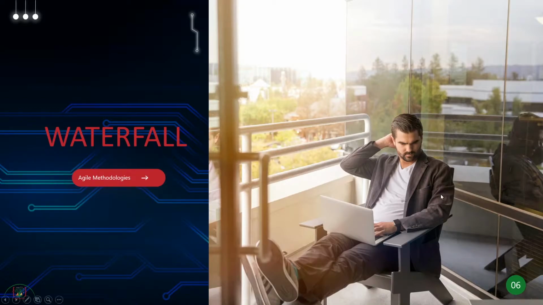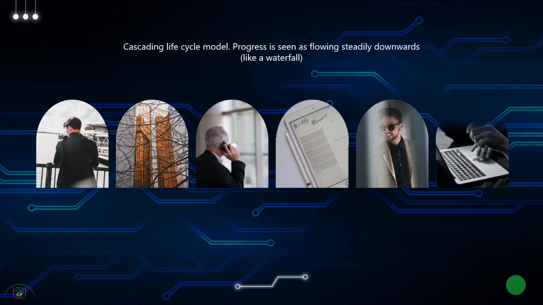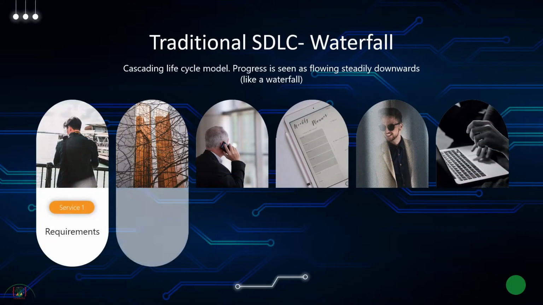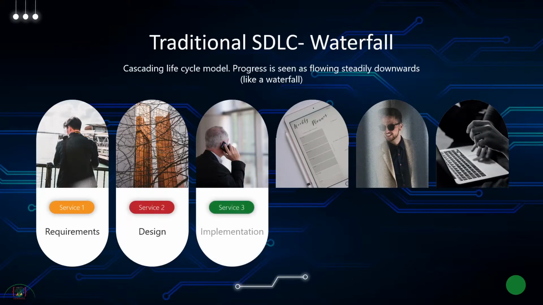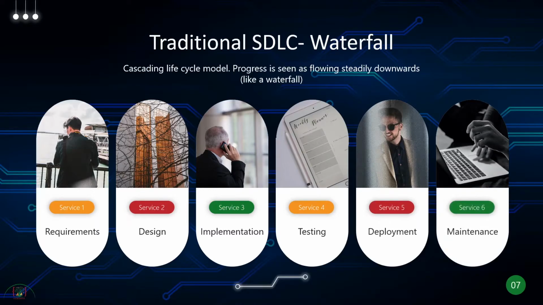So what is Waterfall? Now, Waterfall is a widely accepted software development lifecycle, right? What you do is, here the SDLC model is divided into different phases such that the output of one phase becomes the input of the other phase. So the first phase could be requirement gathering, then second phase is design, third phase is implementation, fourth is testing, and then deployment, and then maintenance.